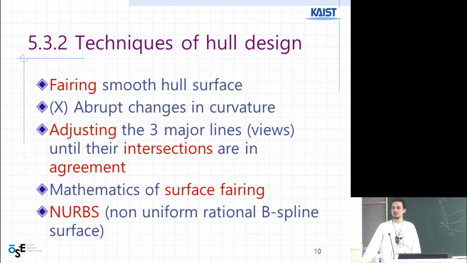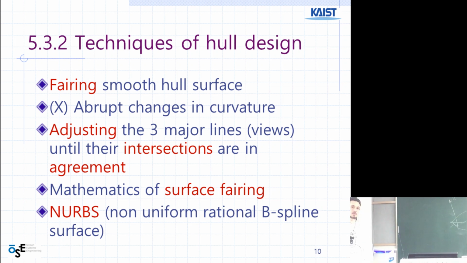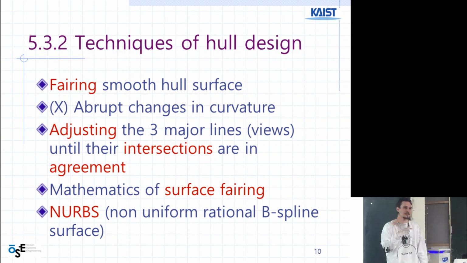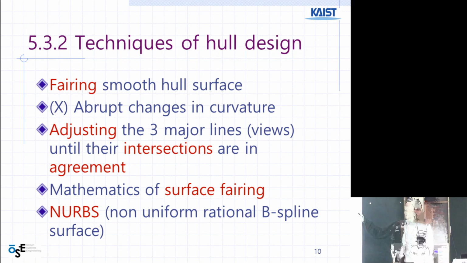This means we should avoid abrupt changes in the curvature. And the second point is that the plans have to be coherent, so that one point in a plan should exist in the others as well. That's important.